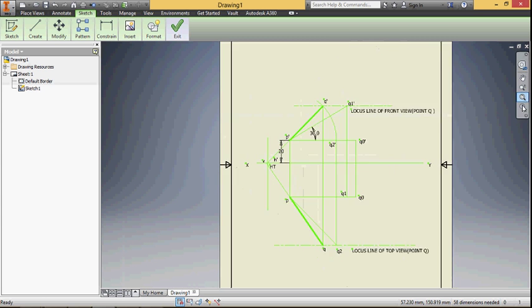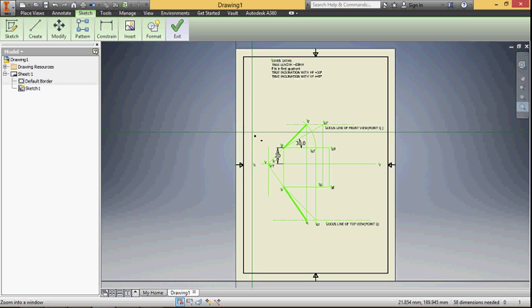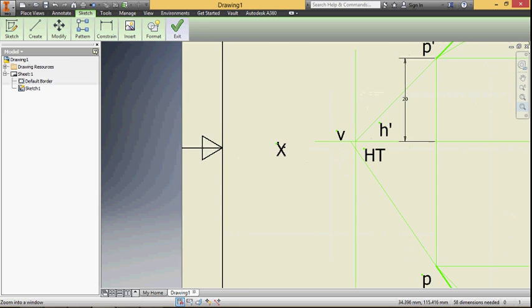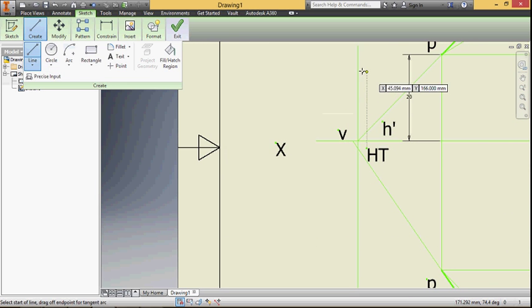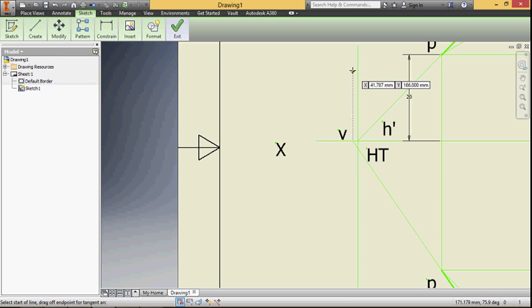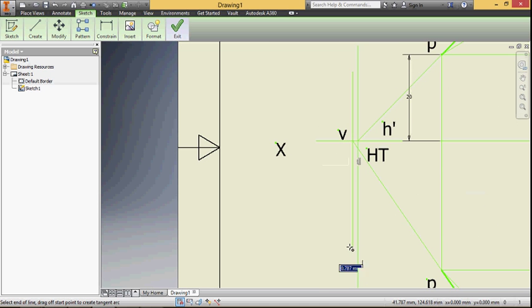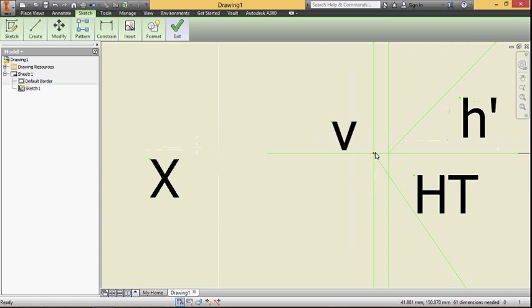Then through point v, draw another perpendicular line, and then extend the front view to that perpendicular line.